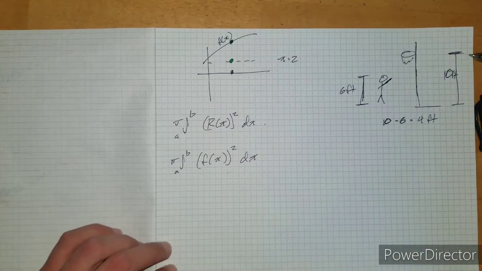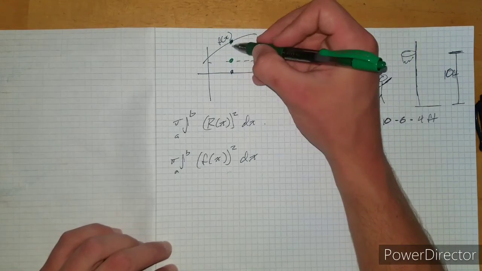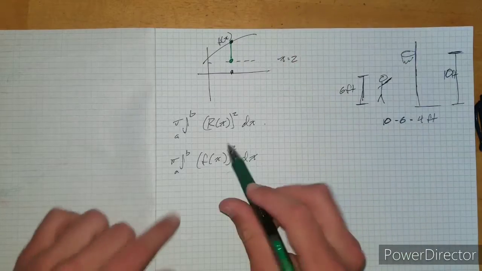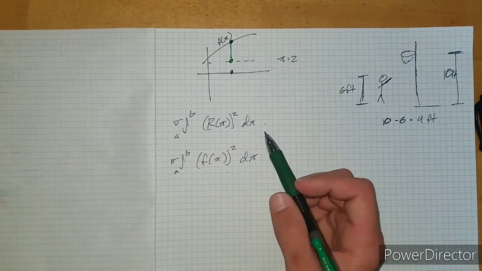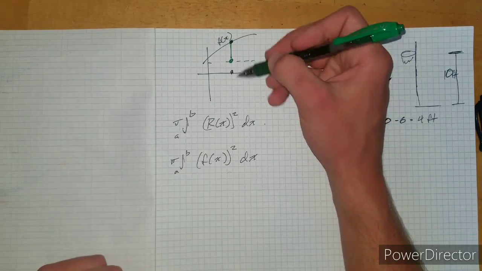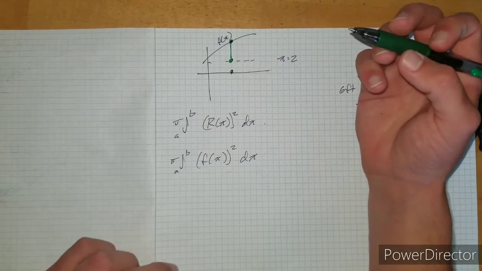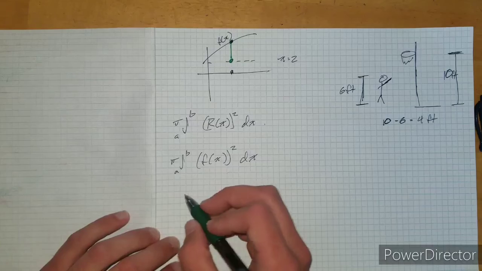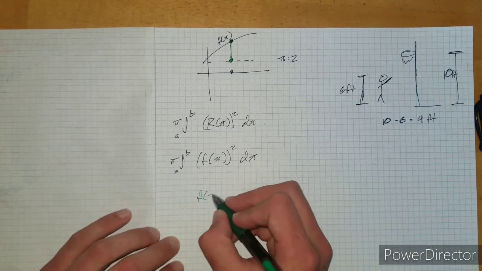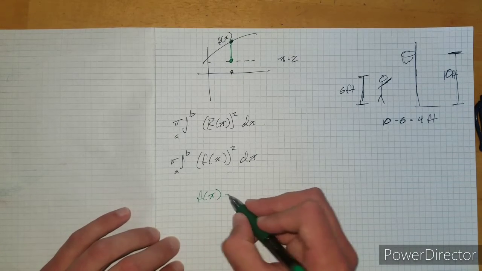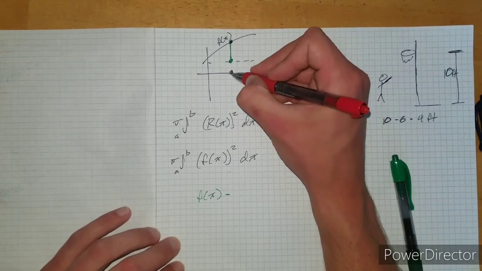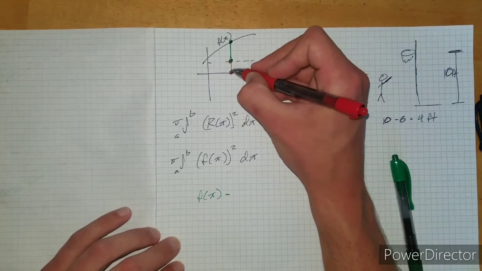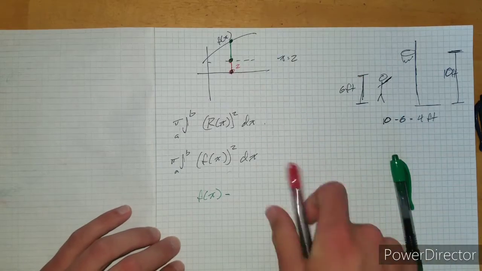So what we have to do is change our radius. It's in terms of our radius, not our function. So we're going to take the farther distance, which is f of x, and subtract out the lesser distance, which is 2. From here to here is 2.